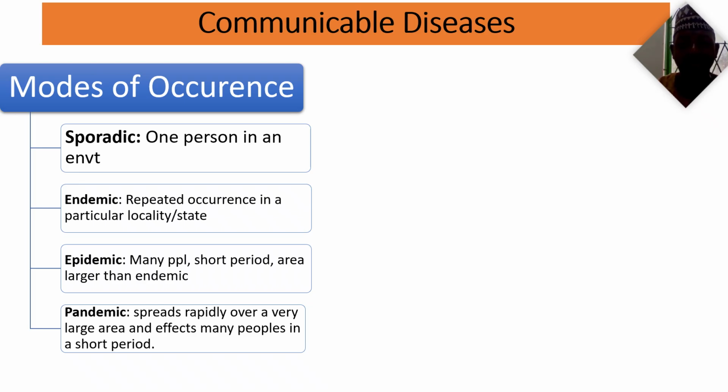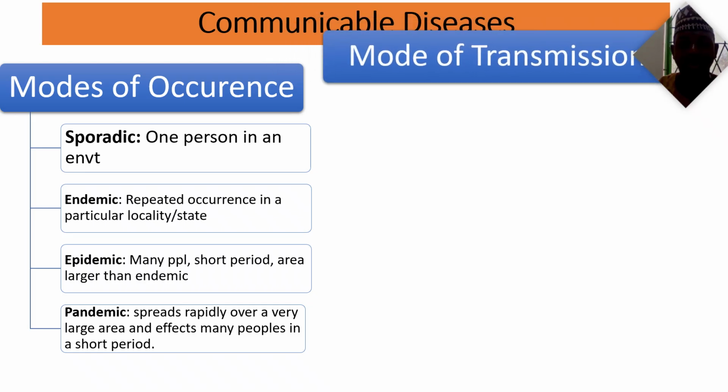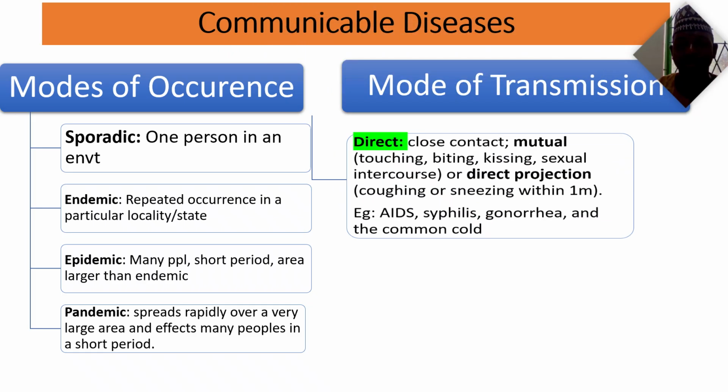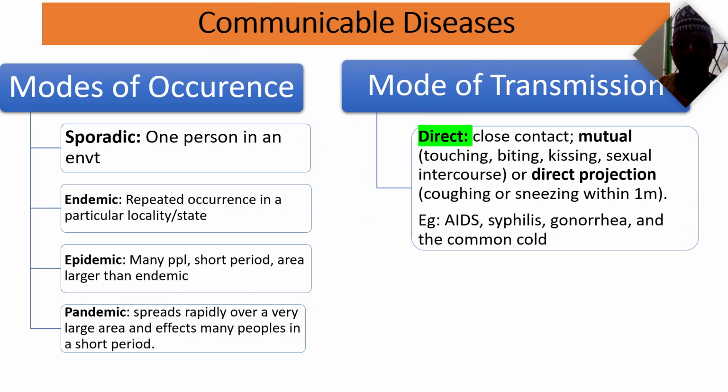That is the common modes of transmission of communicable diseases. Now, there are generally two types of transmission mechanism for communicable diseases. The first one is direct transmission.